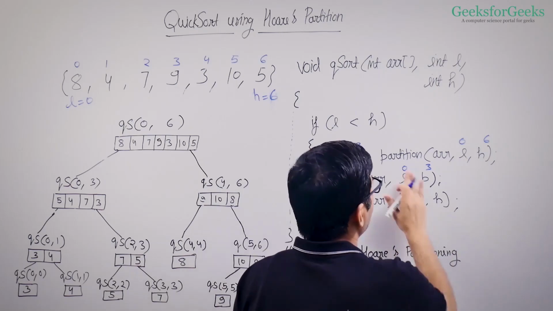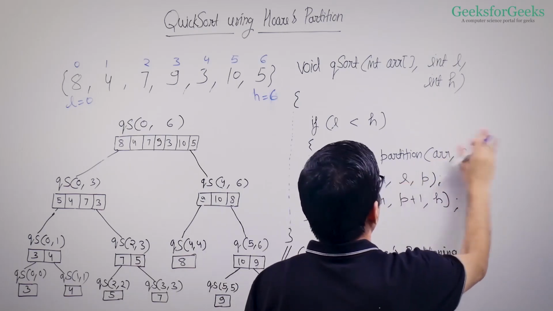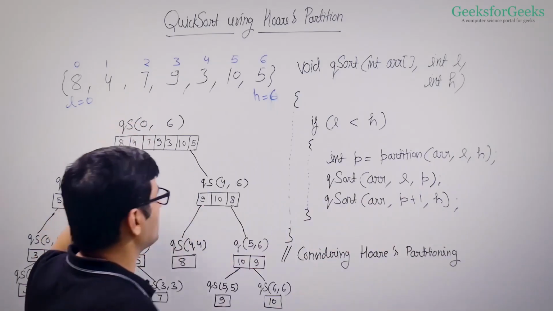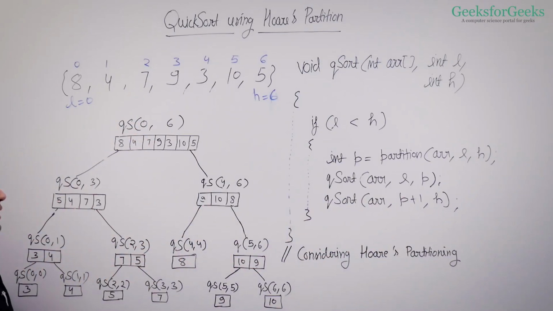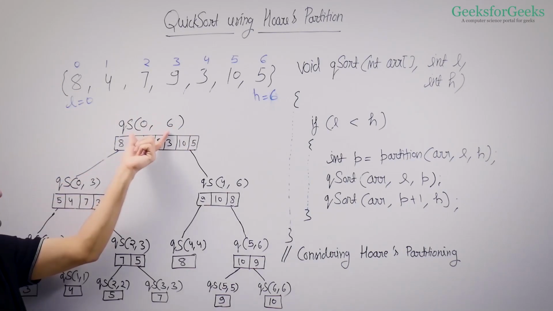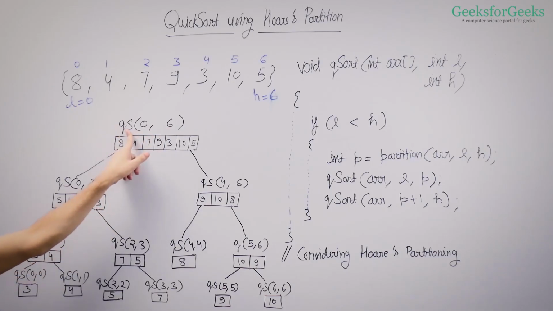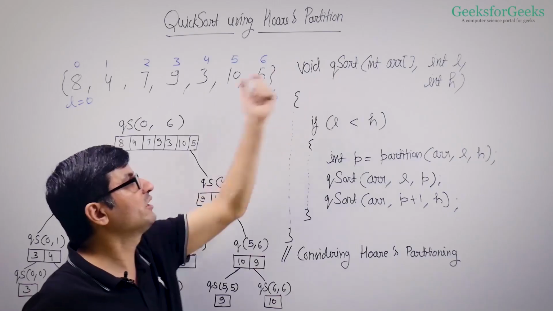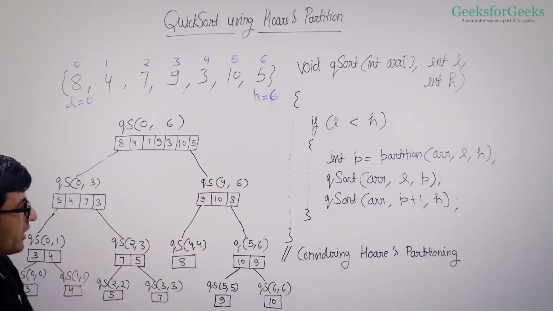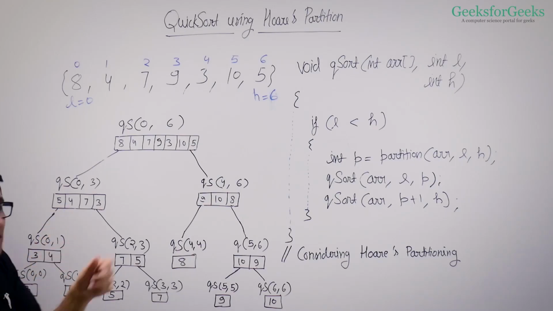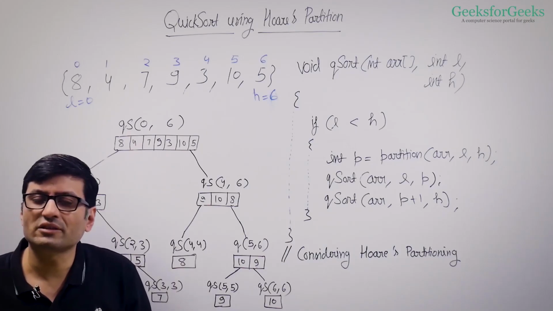So let's do a dry run of this algorithm with this example. Let's see what happens when you run this algorithm. You initially pass 0 and 6 to this QuickSort function. I have written QS here, which means QSort only, since we have to type it again and again, so I've used the short form. So L is 0 initially and H is 6.